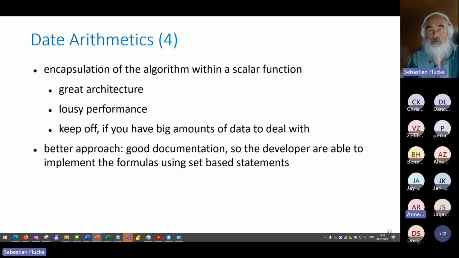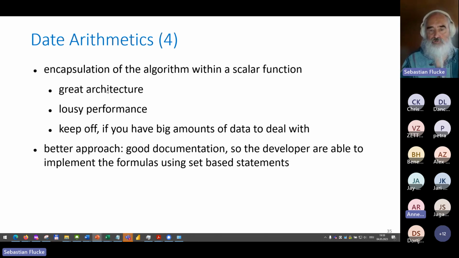As we established that mechanism, the idea was to encapsulate that algorithm within a scalar function. That is a great architecture, but we got lousy performance. As you know, scalar value functions have to be called for every record separately. You have all the parameters given to the function and the calculations the way back. The calculation itself is not the problem, but there's a big overhead to call that function, to return the values and things like that. So my experience was to keep off from that.